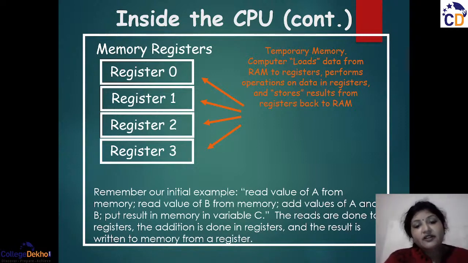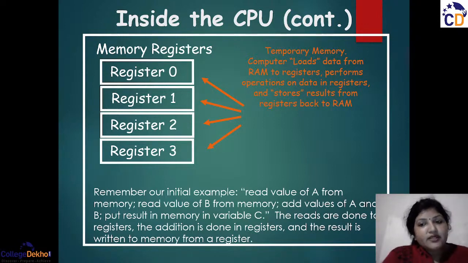Whenever we start, we have temporary memories. Let us start with that. The computer loads the data from RAM to registers. So what is its role? To load the data from main memory, or RAM, to registers.